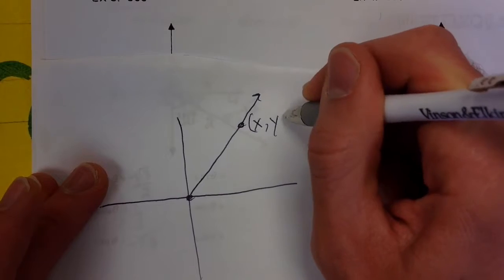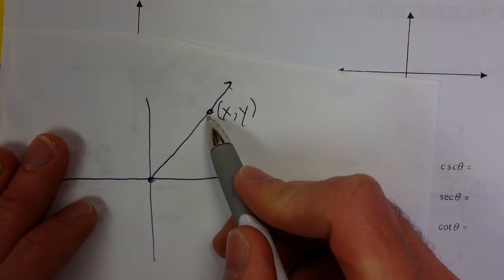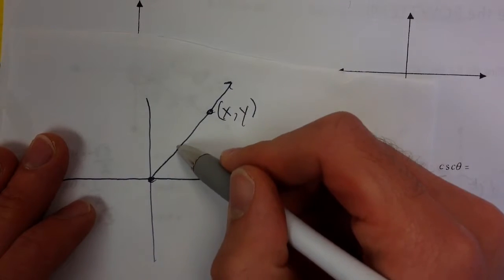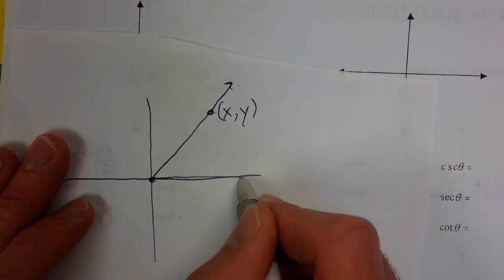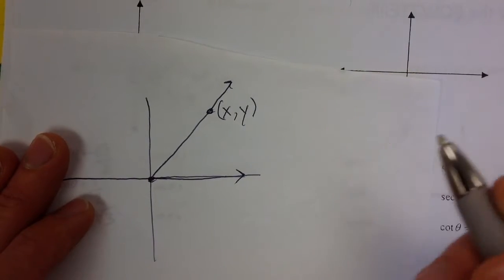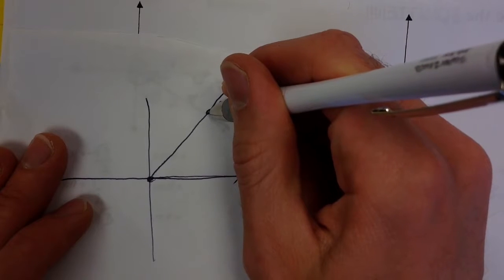We're going to work more on the coordinate plane. So here's a point on the coordinate plane, and the terminal side of an angle goes through that point. This is trigonometry, so we're working with triangles. Right now we're in right triangle trigonometry land, so we are working with right triangles.